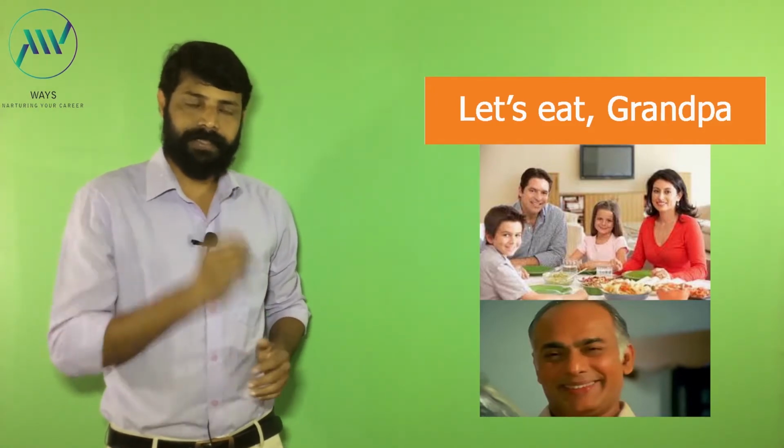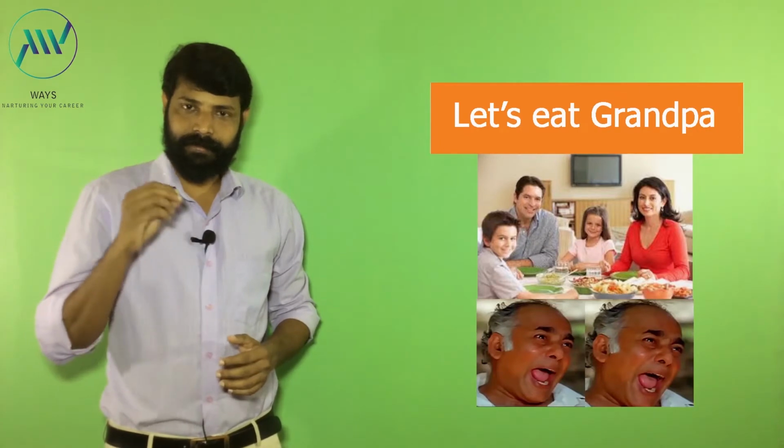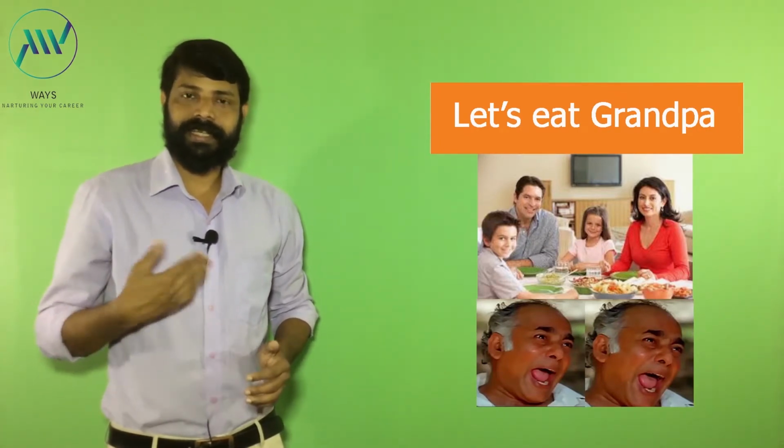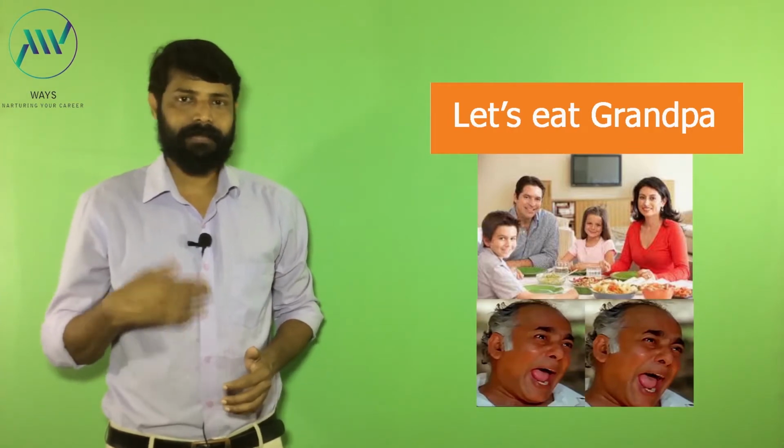See, in the first example, when we made a sentence without a comma, let's eat grandpa, this sentence apparently brings a sense of cannibalism. That means this sentence says that they are going to eat grandpa. So obviously when we hear such words from somebody else, we naturally get tensed or worried. That is why our grandpa cried.